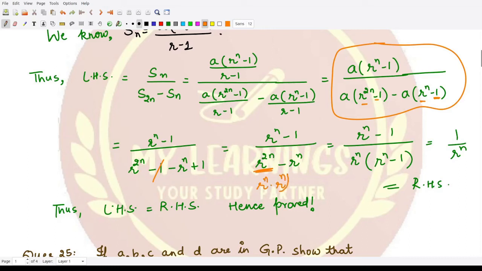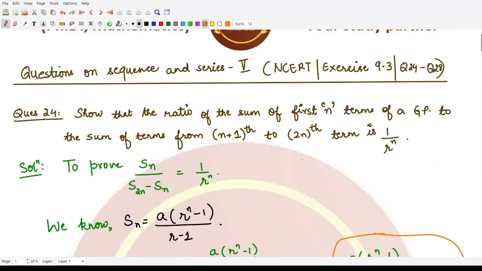So you would be left with r raised to power n minus 1. You see this term and this term cancel each other, so we have the final ratio as 1 divided by r raised to power n, which is nothing but your right hand side. So the left hand side becomes equal to the right hand side, and this is what we wanted to prove in this question.